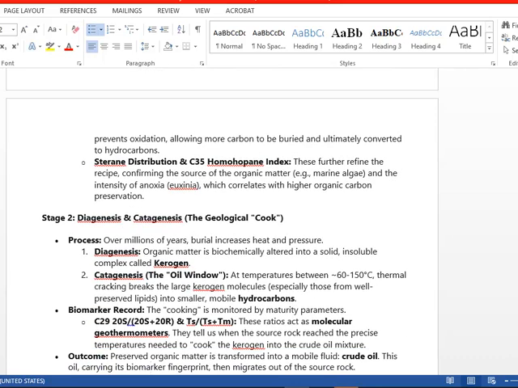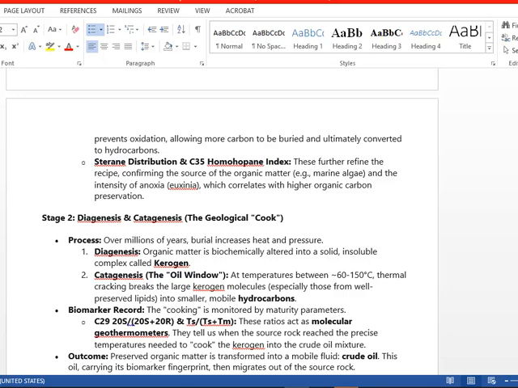Then stage two, you talk about diagenesis and catagenesis. Diagenesis is the altering of the organic matter, where it breaks down to form an insoluble complex called kerogen.